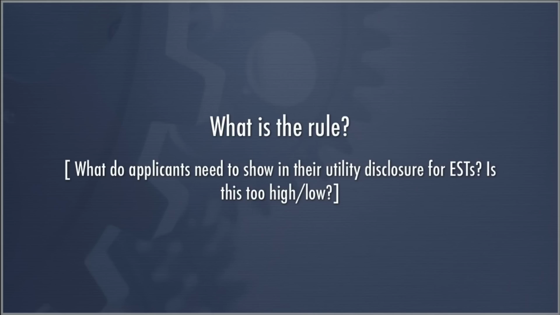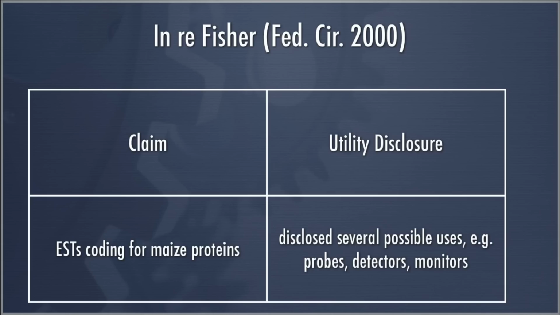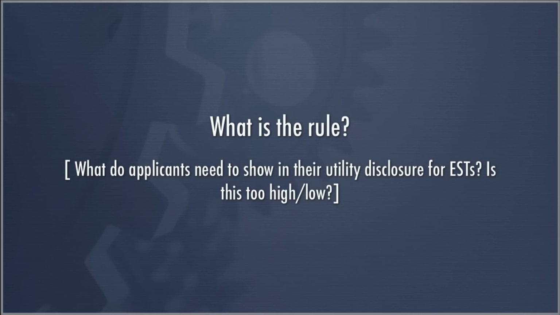And the Federal Circuit agreed and said that this was simply not specific enough to meet the rule for practical utility. These types of generalized disclosures of possible uses, as the court described them, were simply not enough to overcome the practical utility requirement.